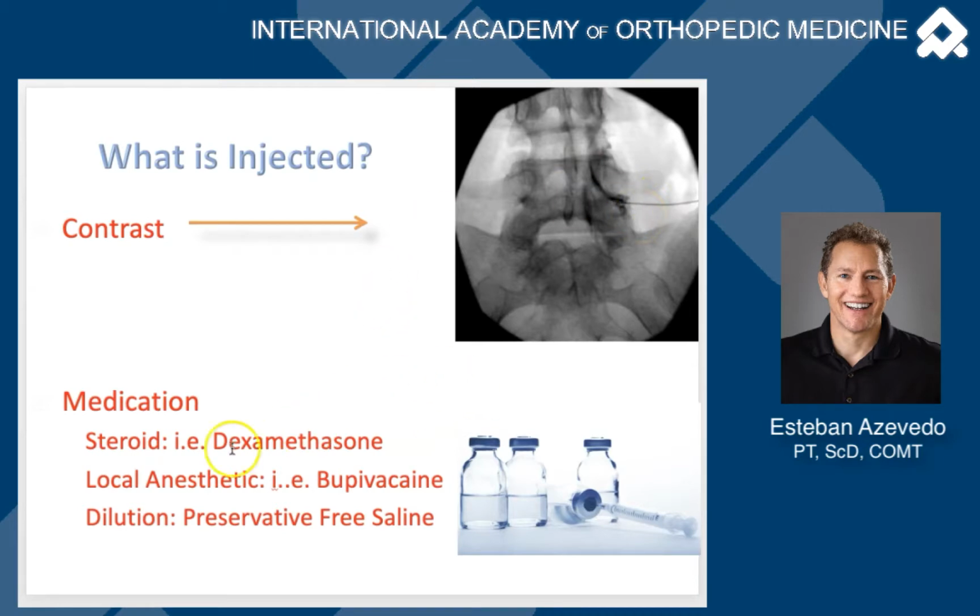And then there's always some kind of local anesthetic to cause some short-term pain relief, and then some kind of steroid. And the steroid is a really strong anti-inflammatory. It's different than the steroids that athletes sometimes get accused of taking. So it doesn't have an anabolic muscle building effect like an athlete. This is a very strong anti-inflammatory.